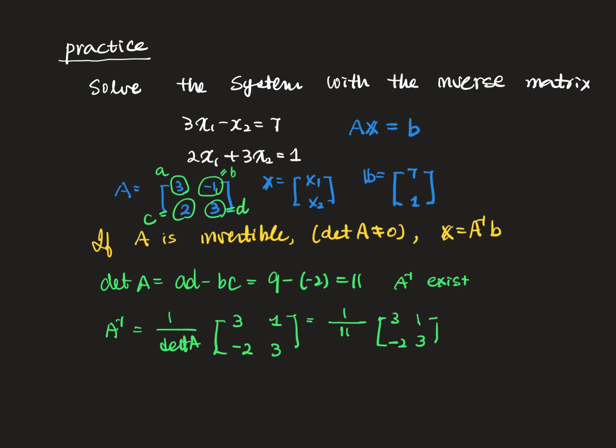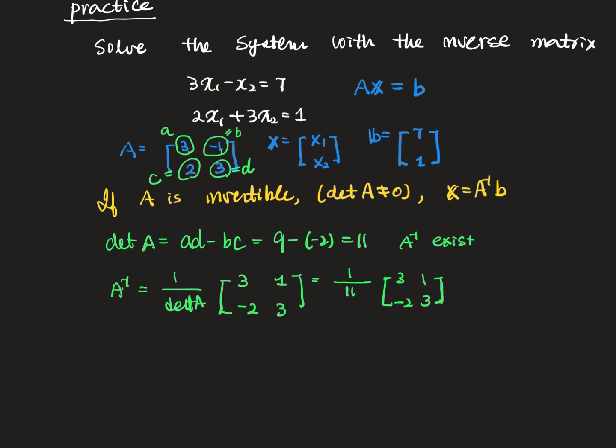I'm pretty sure everyone has the same thing. Now, to find x, x is going to be A inverse b. I'm not going to do the scalar multiplication first; you can do it later.